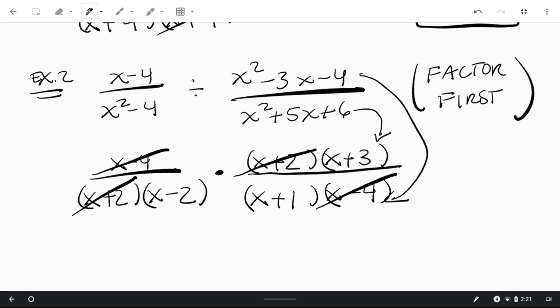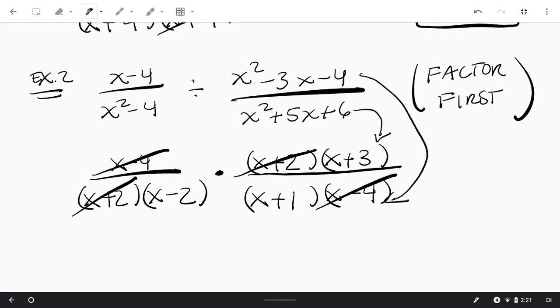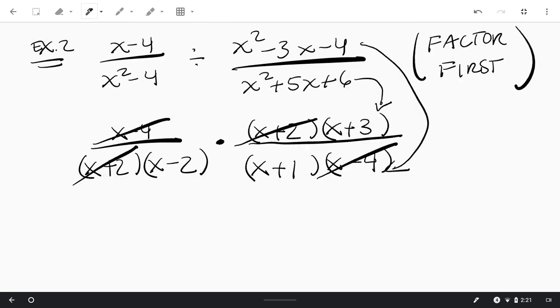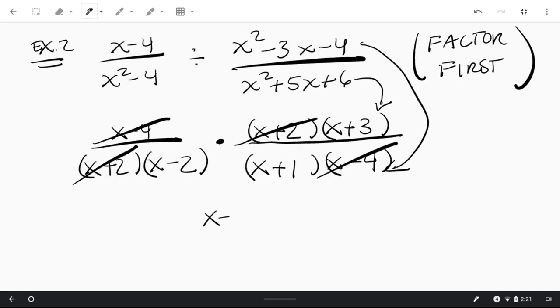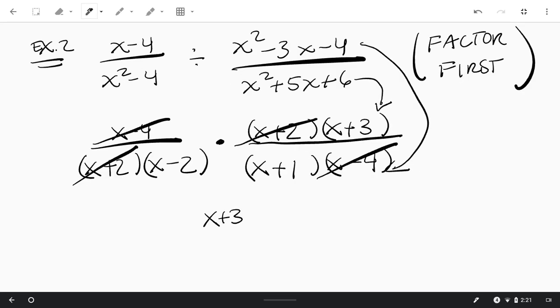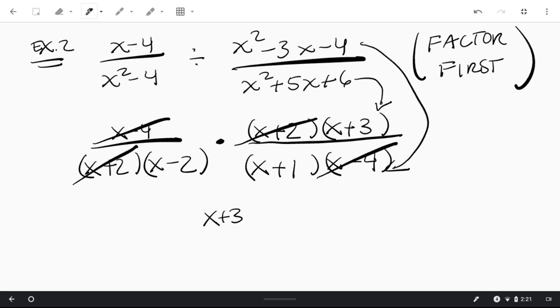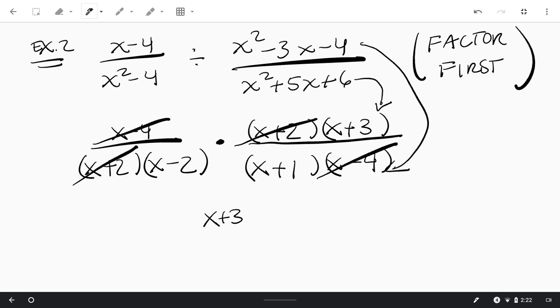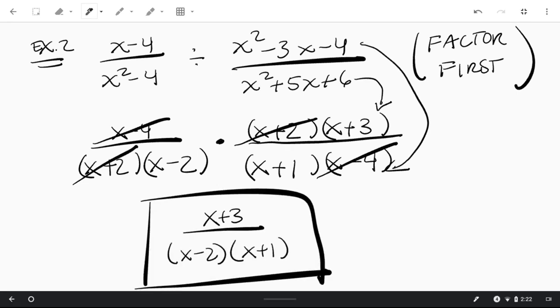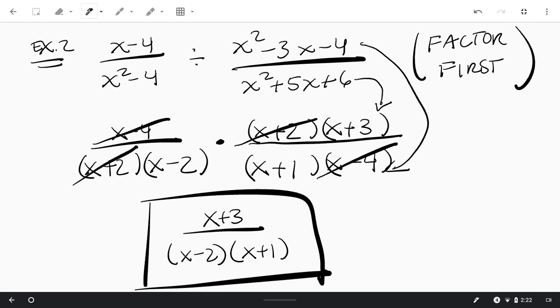And it doesn't look like there's anything left. So if there's nothing left, then let's just go ahead and copy the x plus 3 in the numerator. And down below, we will have x minus 2 and x plus 1. Okay, so that would be our final answer.